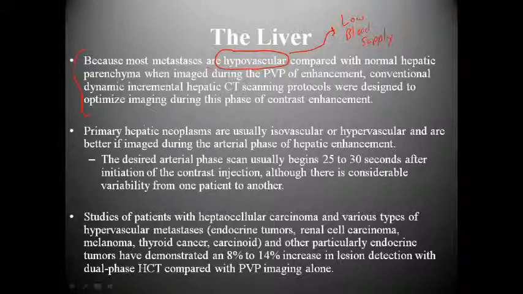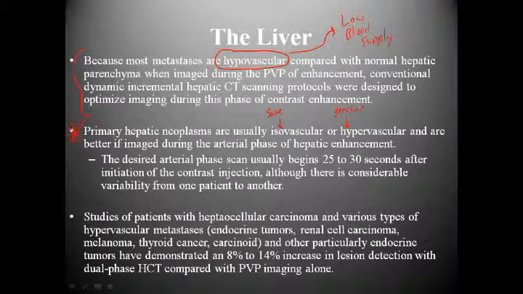One thing to keep in mind, though, is this next bullet point, which tells us that primary hepatic neoplasms are usually isovascular or hypervascular. So iso means same, and hyper means greater.